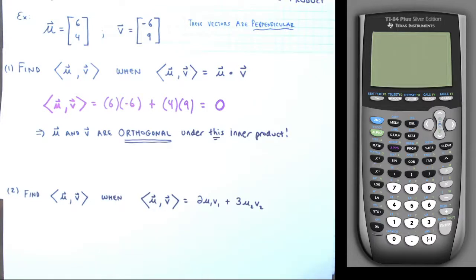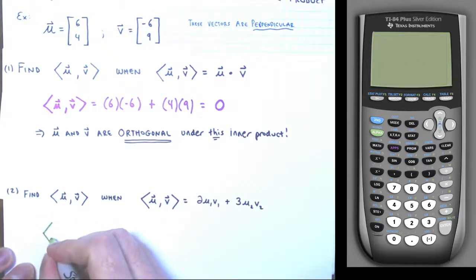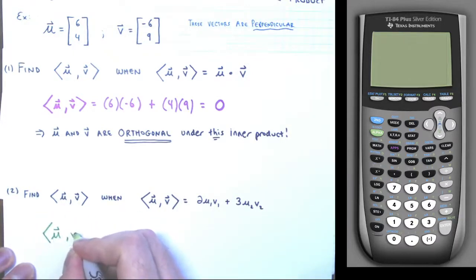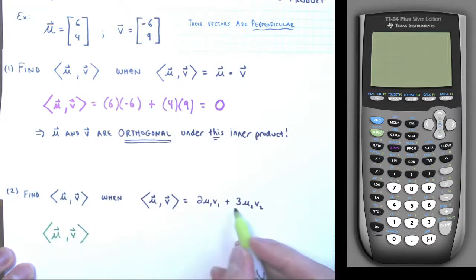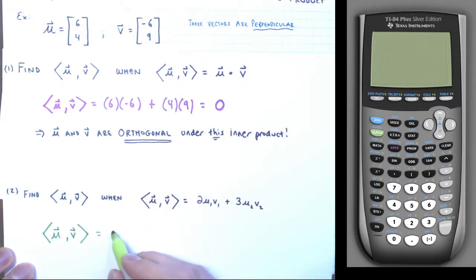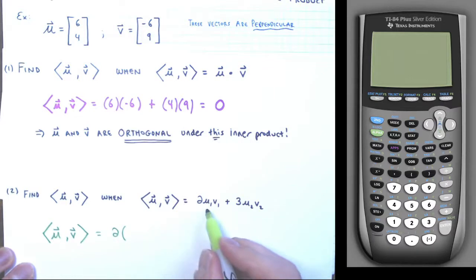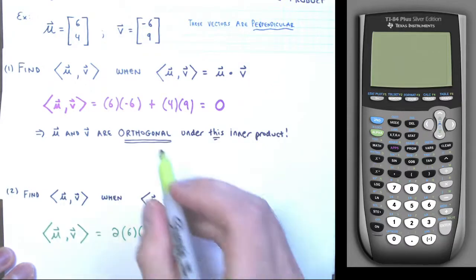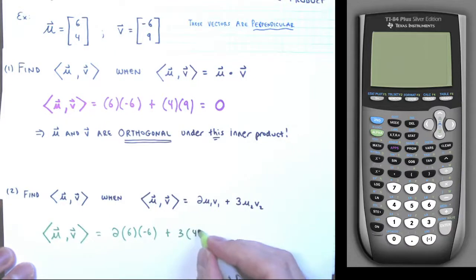So let's find this. What is this inner product? The inner product of u with v, this time using this rule, is 2 times the product of their first components, 6 and -6, plus 3 times the product of their second components, 4 and 9.